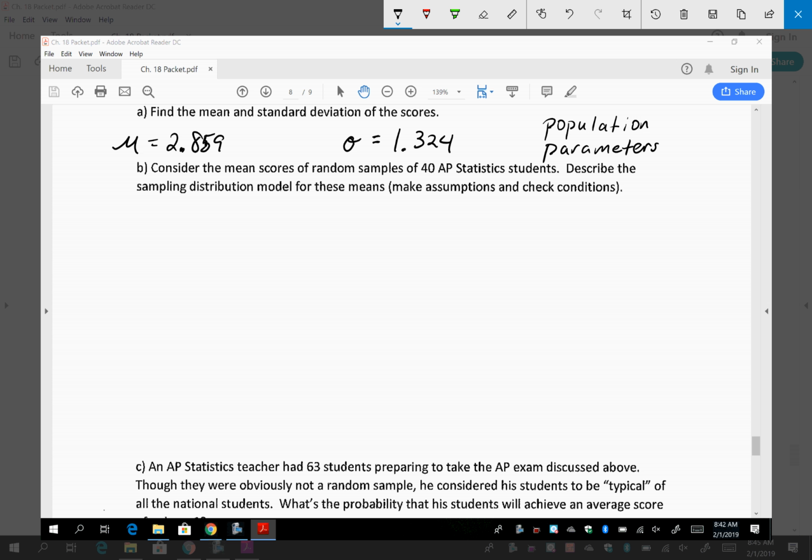I can create a sampling distribution model for what I think that will look like if I were to actually do it. But am I going to do it? No. Now, before I do that, I need to do two things. What's the first thing I have to do? Make assumptions. And the second thing? Check conditions. So the first assumption is the independence assumption.